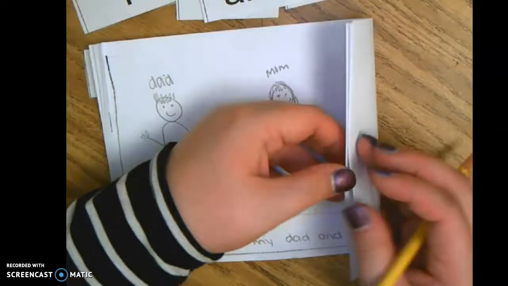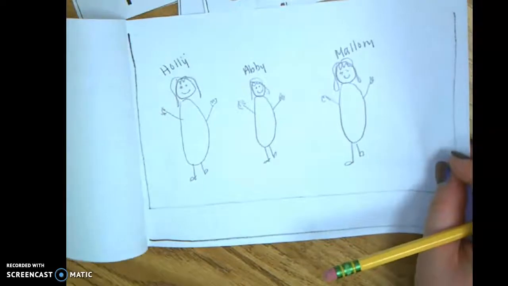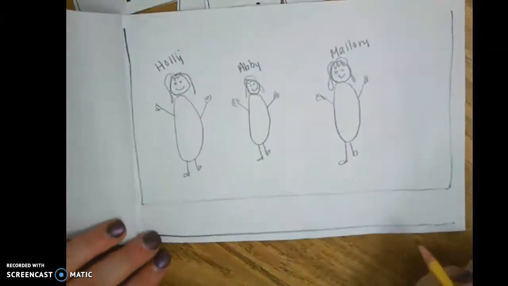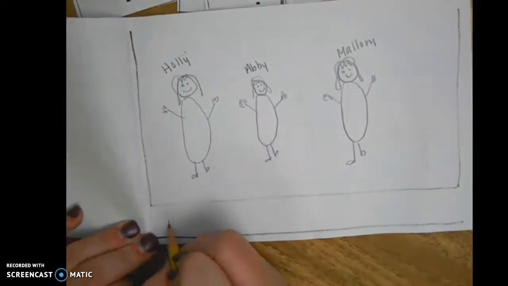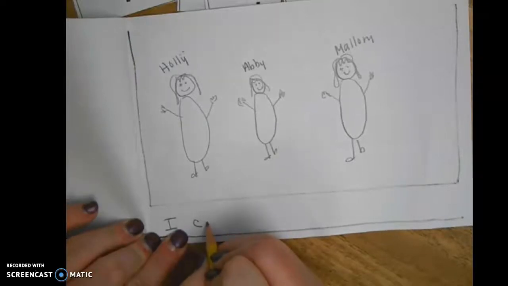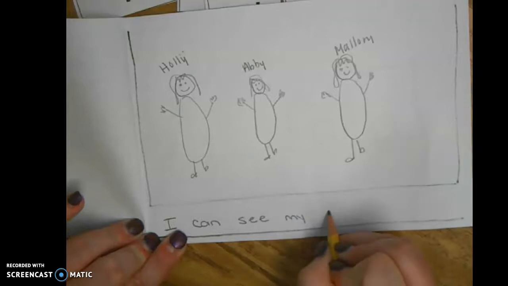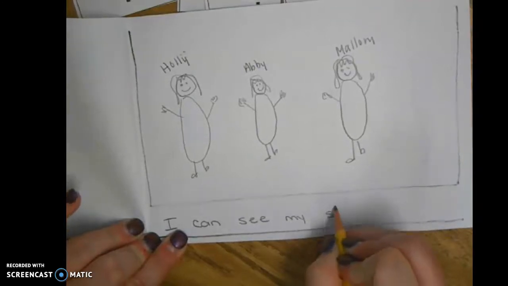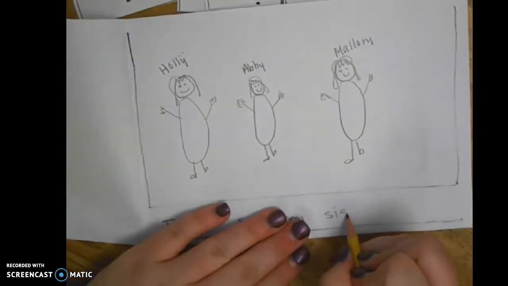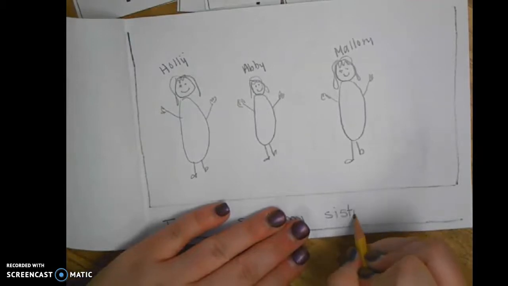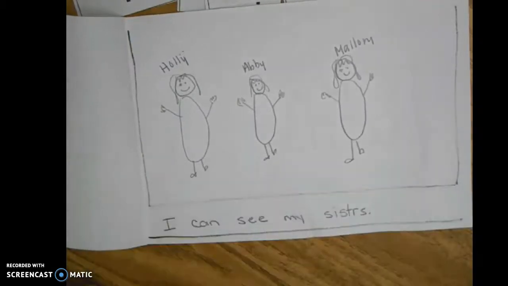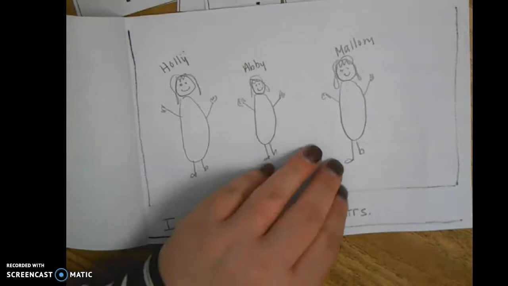All right, who remembers what's on the next page? Oh, it's my sisters. So I'm going to use the same sentence. I can see my sisters.